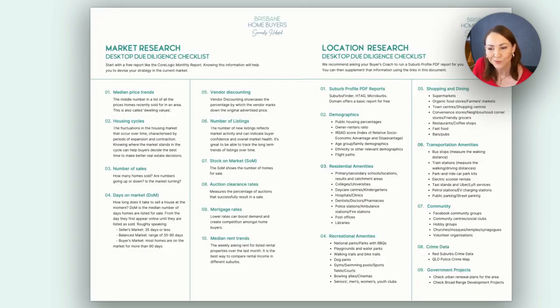So the desktop due diligence: there's market research. This is my checklist for you for different things to look at and understand so that you understand the market. Then the location research: these are the different things that you can look at to understand specific locations.